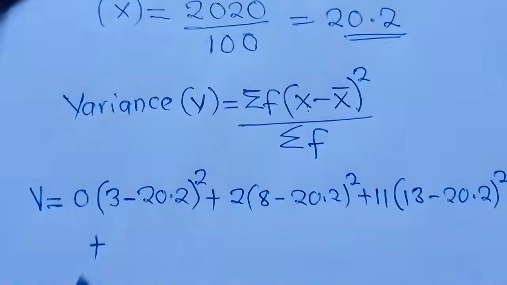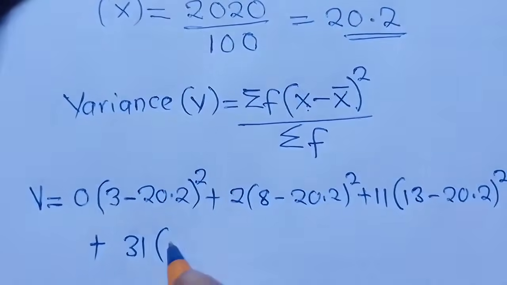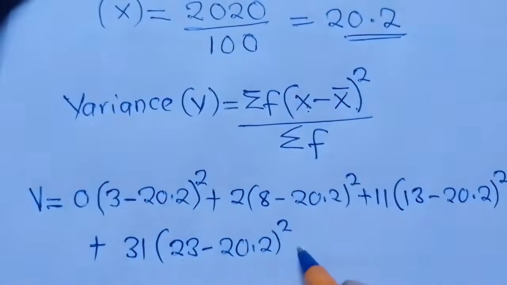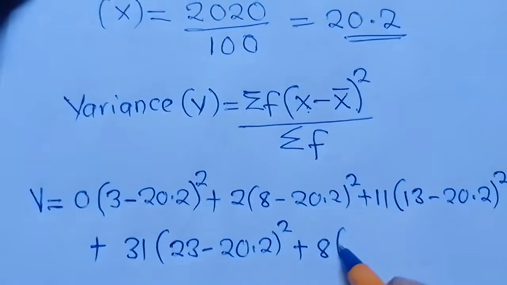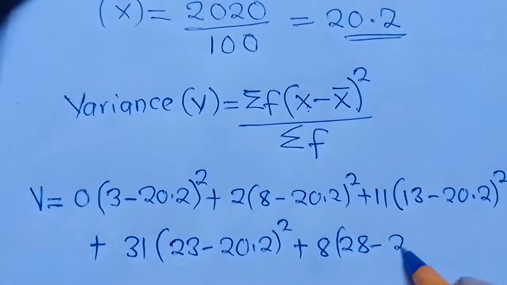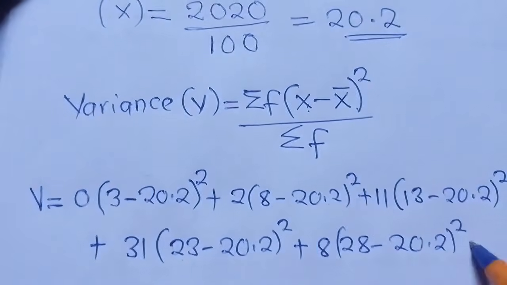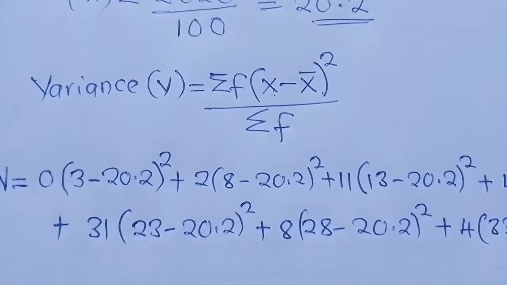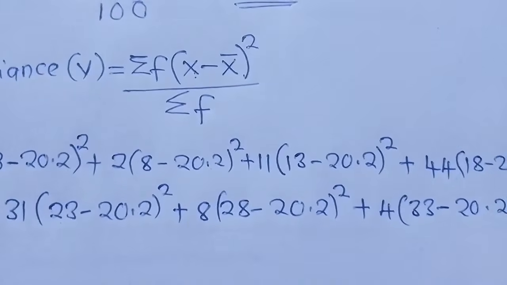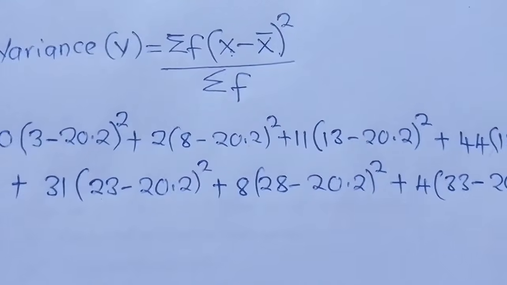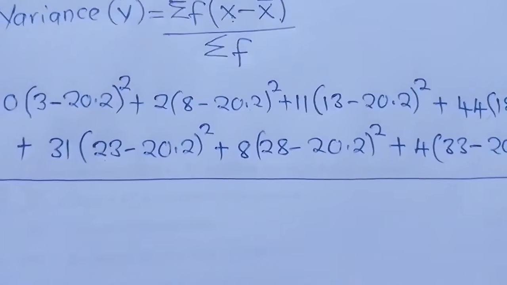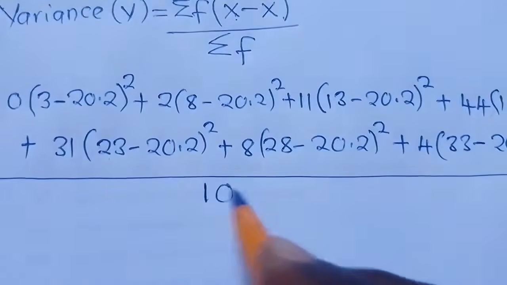Plus 31 open bracket 23 minus 20.2 squared plus 8 open bracket 28 minus 20.2 close squared plus 4 open bracket 33 minus 20.2 close squared, like this, where everything you now divide by 100, which is the total frequency.